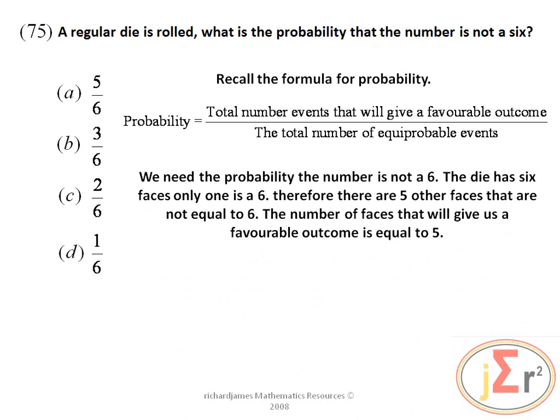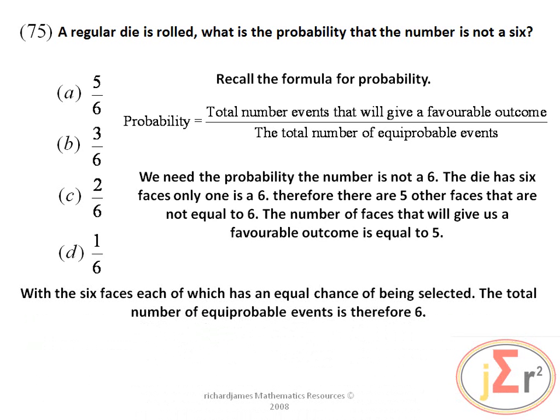The die has 6 faces. Only one is a 6. Therefore, there are 5 other faces that are not equal to 6. The number of faces that will give us a favorable outcome is equal to 5.